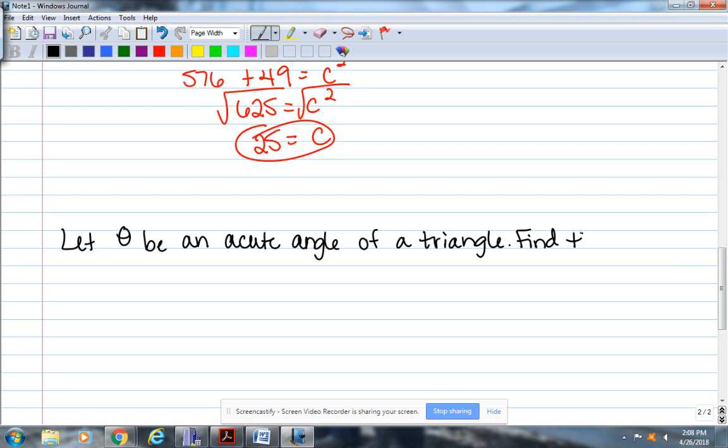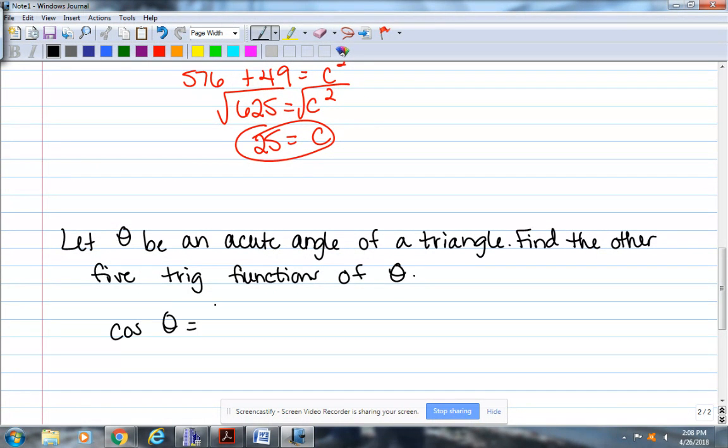Find the other 5 trig functions of theta if cosine of theta is 3/8. That's all they give me. They don't show me the picture of the triangle, but they tell me that cosine of theta is 3/8 and theta is an acute angle in a right triangle.